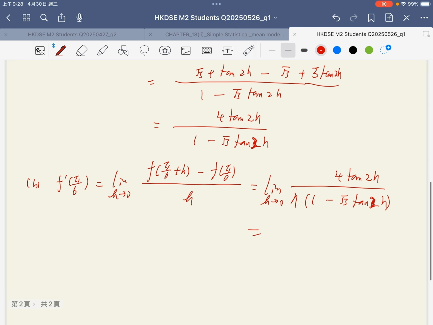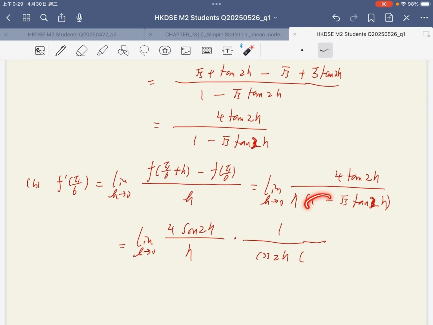Okay, in this case, you can see that only this tangent can be separated into two parts. One is sine 2h, the other part is over cosine 2h. And this is h. And that remaining part, I just put into the sine over cosine 2h, and insert one more 2.